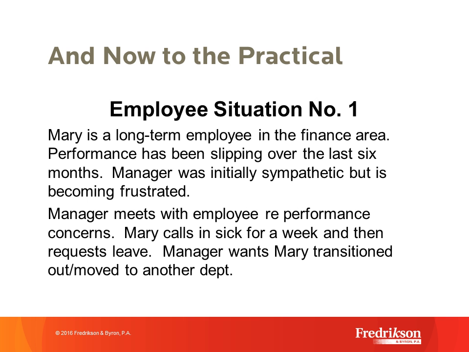So I'll just walk through it with you. And again, at the back of your materials, you have our outline of what we've called the practical roadmap for your future reference. But the first thing to do is to meet with the employee, either by phone or in person, depending on the circumstances. Here, Mary's already on leave, so it would be by phone.